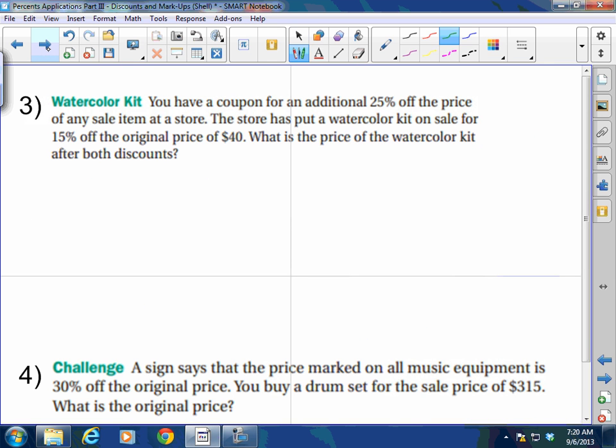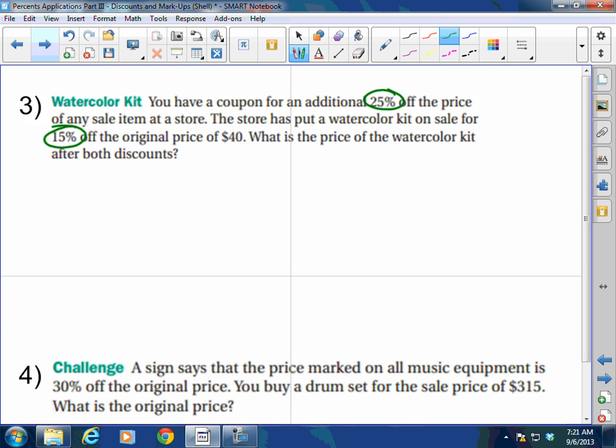You have a coupon for an additional 25% off the price of any sale item at the store. The store has put a watercolor kit on sale for 15% off the original price of $40. What is the price of the watercolor kit after both discounts? Okay. First thing, you never add these together.